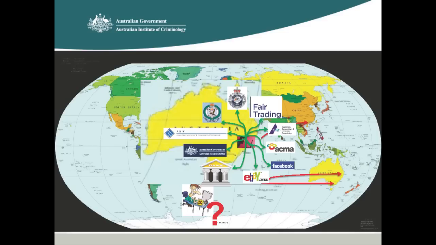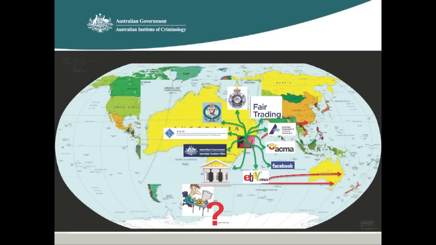So, for example, you may have an offender in an unknown location targeting victims in multiple jurisdictions, who then may report to a variety of different agencies. So, for example, in Australia, scam recipients and victims may report matters to state or federal policing agencies, state and territory consumer protection agencies, the Australian Competition and Consumer Commission, the Australian Communications and Media Authority, the Australian Securities and Investments Commission, and the Australian Tax Office.